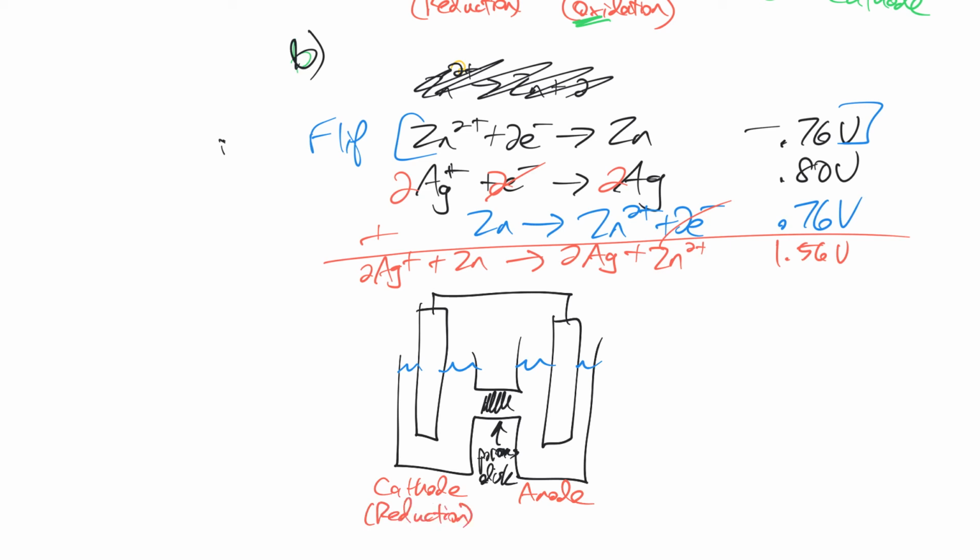Cathode, of course, is the place where the reduction reaction occurs, and the anode is the place where the oxidation half reaction occurs. Since we flipped the zinc reaction, the oxidation reaction is the one that includes zinc, and we kept the silver reaction, so that's the reduction half reaction.